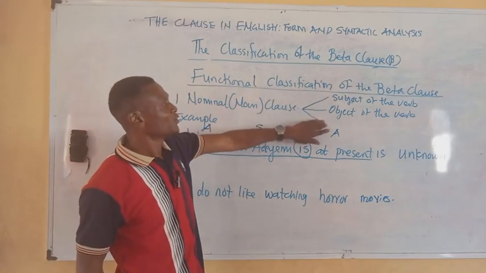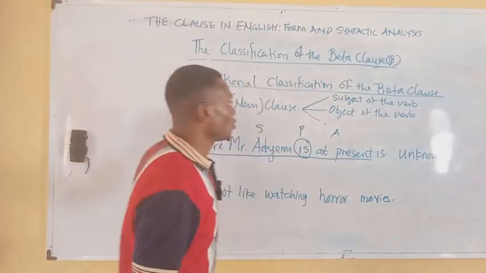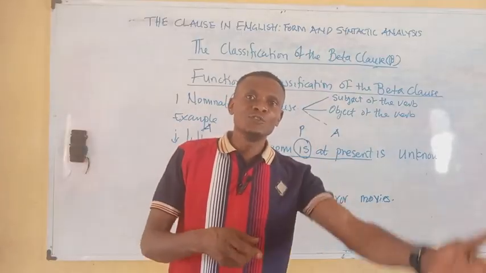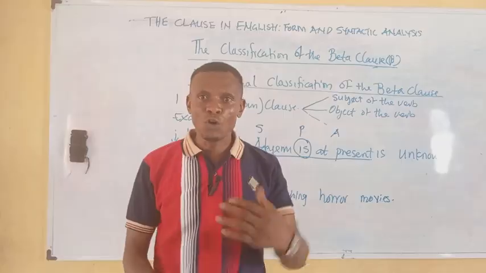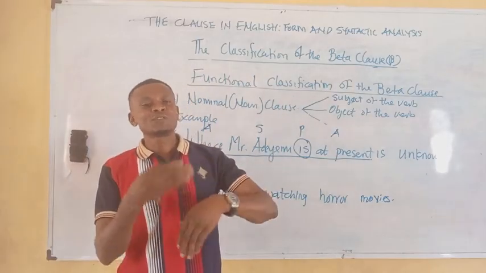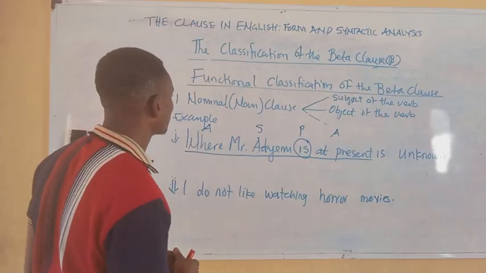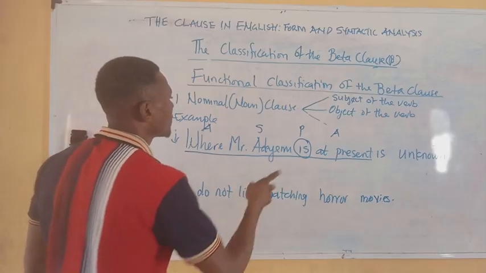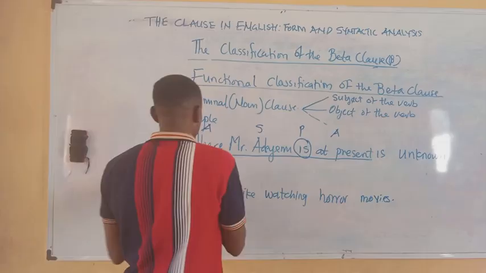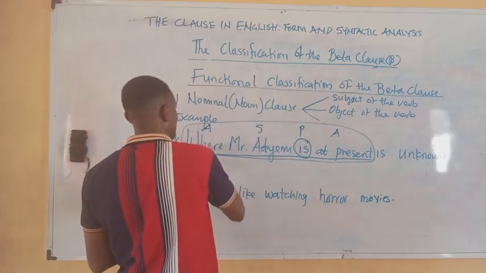Then, my group, we have up to two or three functions of a noun clause. One, it can function as subject of the verb or subject of the verbal phrase, or sometimes it can function as object of the verb or object of the verbal phrase. So let's look at this one. Let's do the full analysis now. Here it serves as subject.